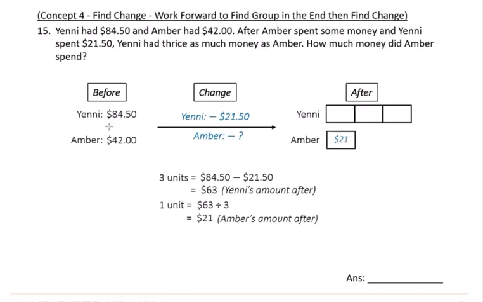Okay, how? Because you got $42 for Amber at first. After she spent some money, she got $21 left. So how do we find change? We use subtraction. Change means difference. So you take 42 minus 21. Your answer is $21. This is pretty straightforward, children.